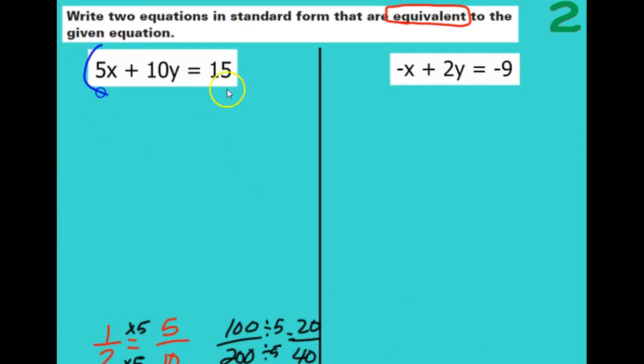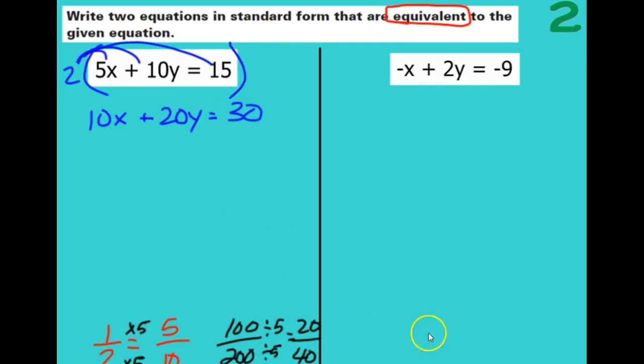If I multiply this whole equation by 2, let's just distribute it, I would have 10x plus 20y equals 30. This is an equivalent equation. If we were to solve for y, you would really have the same equation. If you wanted to instead, we could maybe divide by 5.